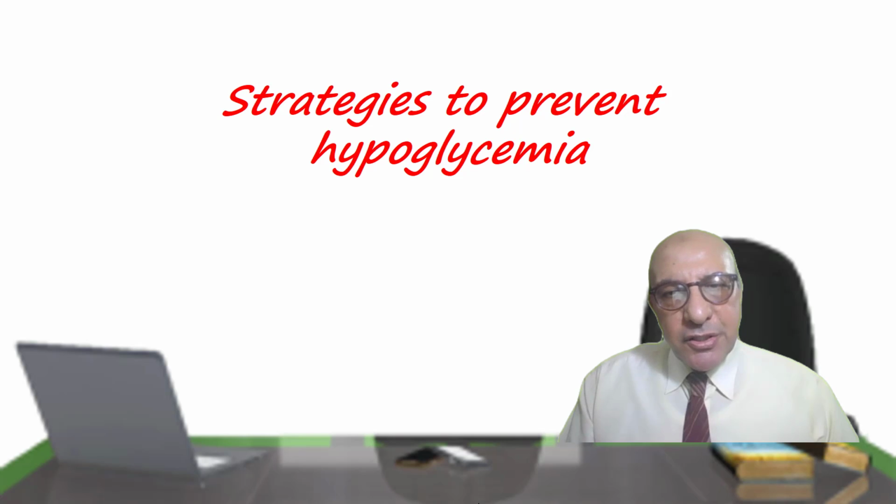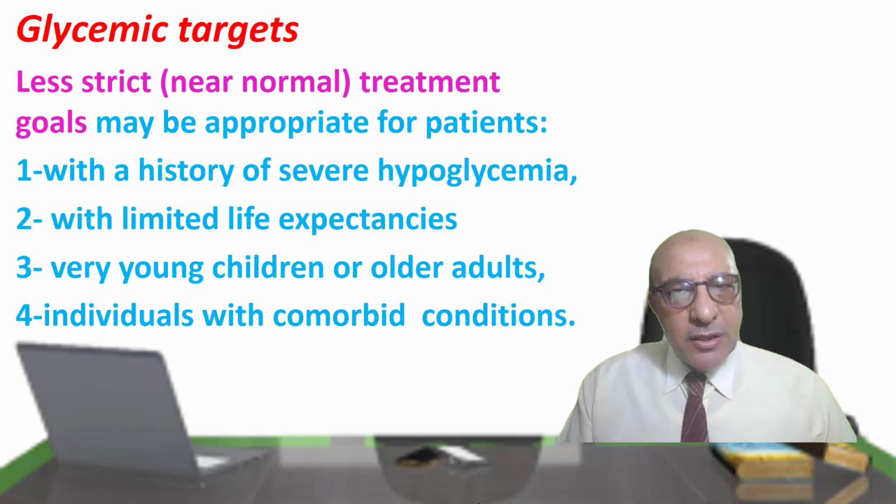Now, how about prevention of hypoglycemia? What are the strategies adopted for this? Let's start with the glycemic targets. When we are treating any patient with diabetes, we have a plan. We are trying to reach a certain target of blood sugar with the drug we are using, either insulin or oral hypoglycemic drugs. In patients with repeated attacks of hypoglycemia, we should have less strict goals.